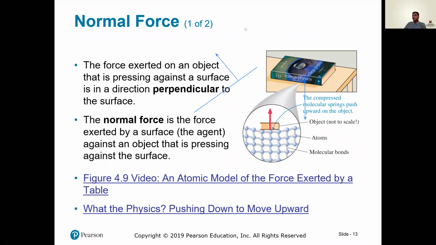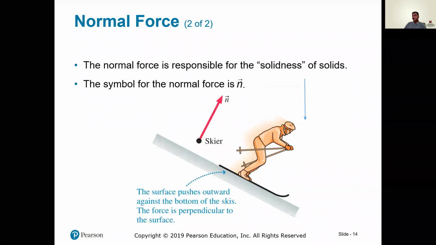If you have a surface like that, let me draw, the force will be something like this. Okay, the normal force, I mean. So the normal force is always perpendicular to the surface, and that's why it's called normal. All right, and it will play a very crucial role in problems involving friction.